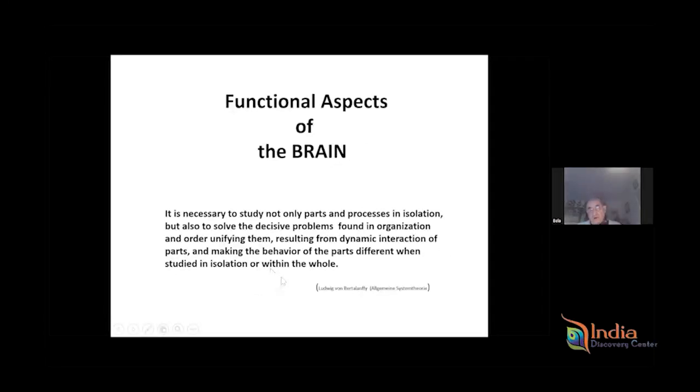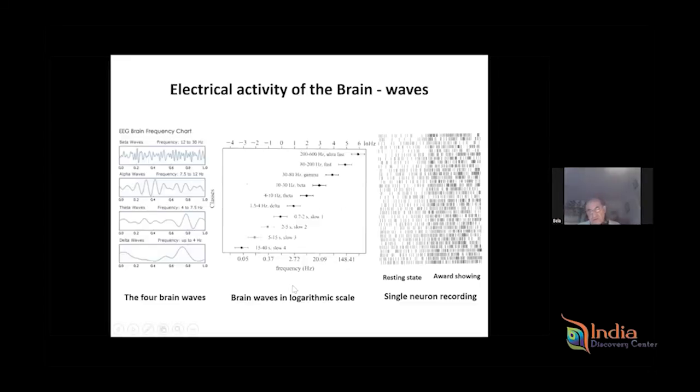Therefore we can only see the whole activation or activity of the brain, the electrical activity, which we can detect by electroencephalography, discovered in 1930 by Berger.